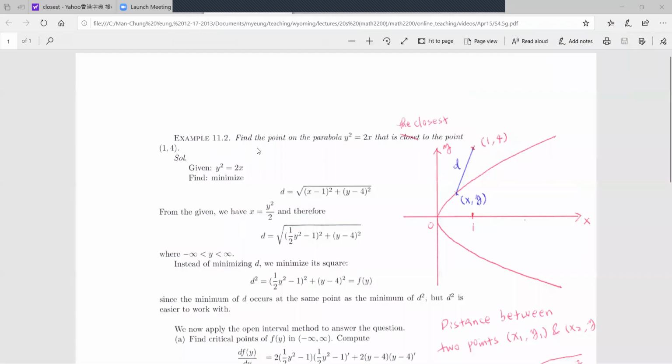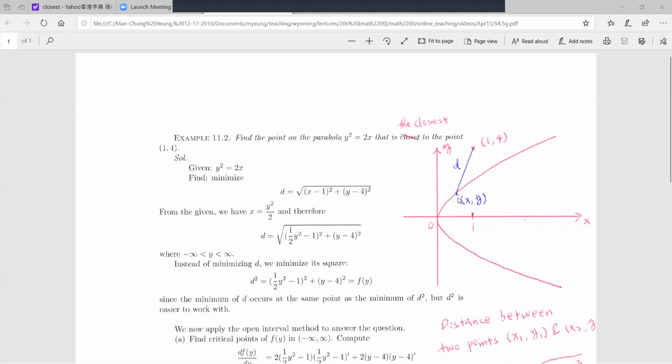Example 2. Find a point on the parabola that is the closest to the given point (1, 4). The graph of this equation is this parabola. The graph of an equation is the set of all the points that satisfy the equation. Now the question is, on the parabola, which point is the closest to this given point?